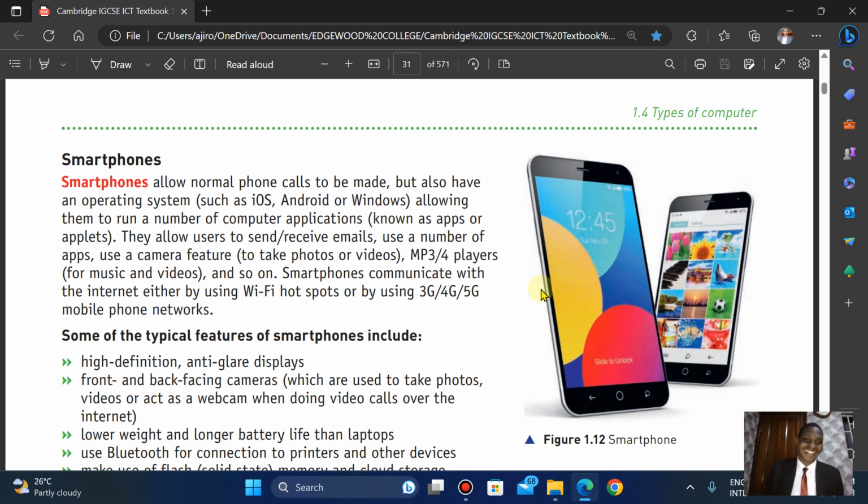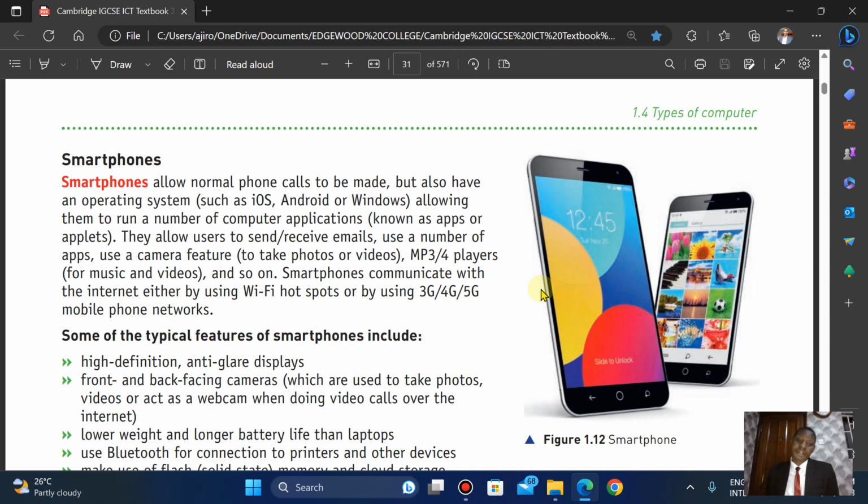Smartphones allow normal phone calls to be made, and they also have what we call an operating system, such as iOS for the iPhone, Android, or Windows.